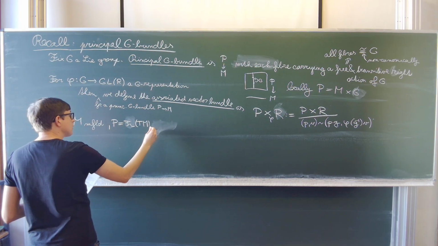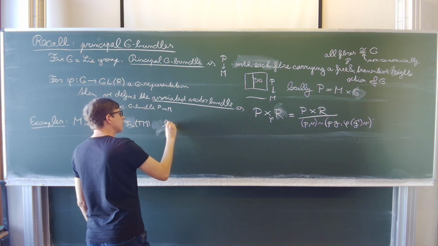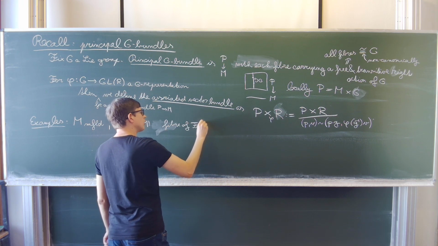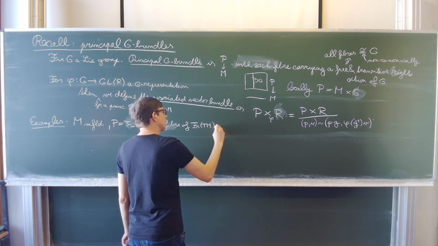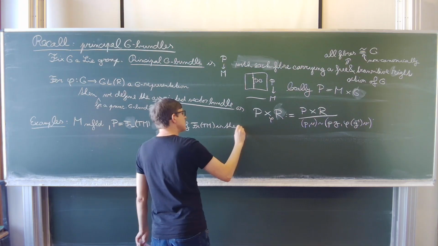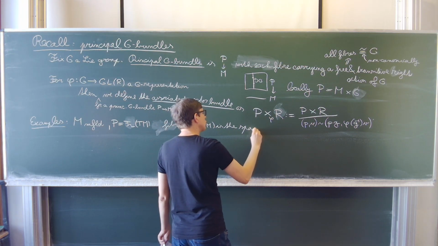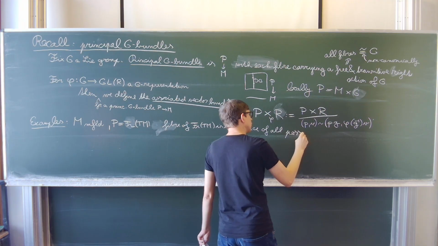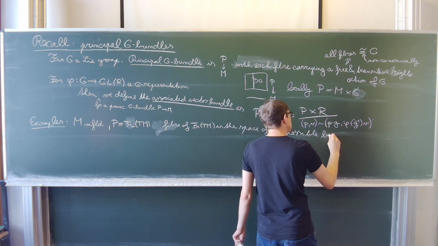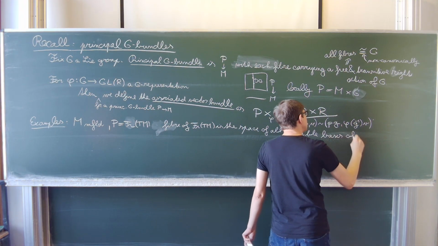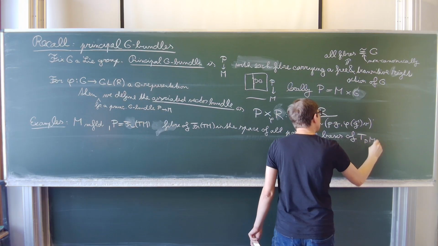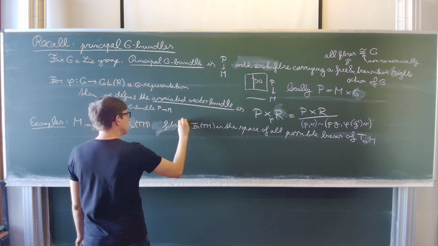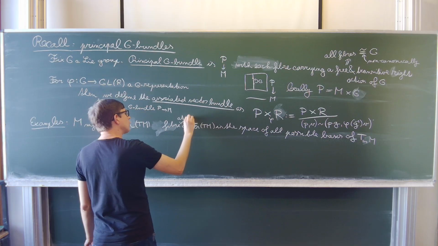The fiber at any point is the space of all possible linear bases of the tangent space at that point M. Fiber at M.